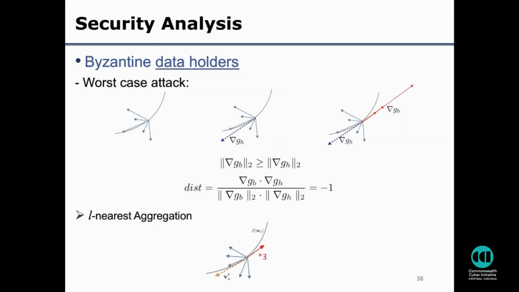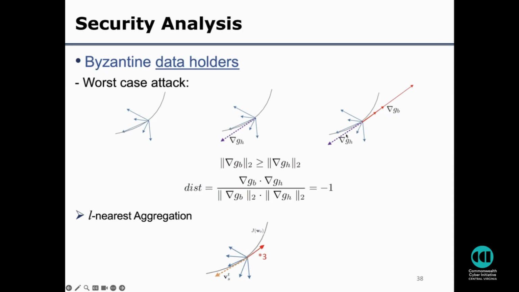These data holders attack the system by sending faked local gradients. In the worst case, Byzantine data holders collect all the honest holders' gradients and broadcast gradients with an offset direction, like this one.